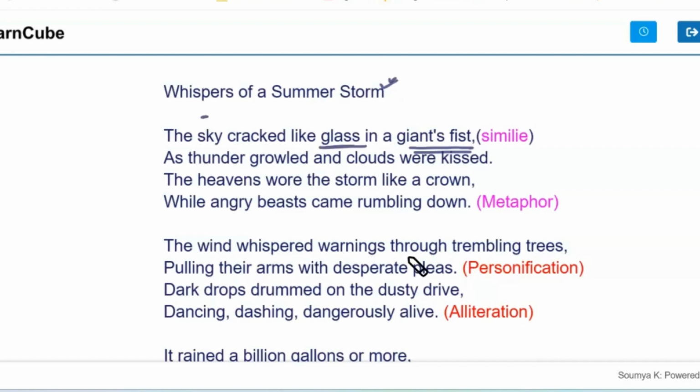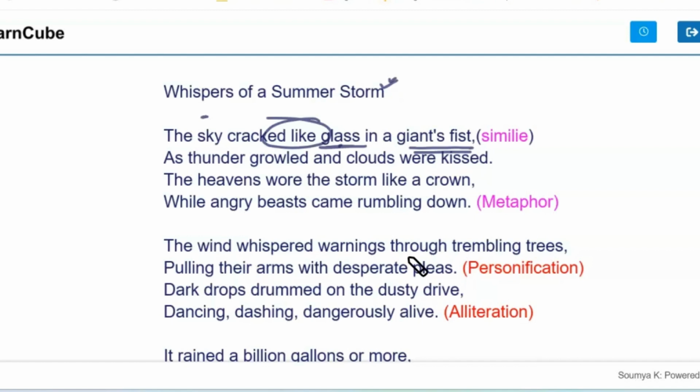Okay, so the word like is being used here. So this kind of comparison uses like, and we call it a simile, like or as. Okay, so sky is compared to the glass in a giant's fist.